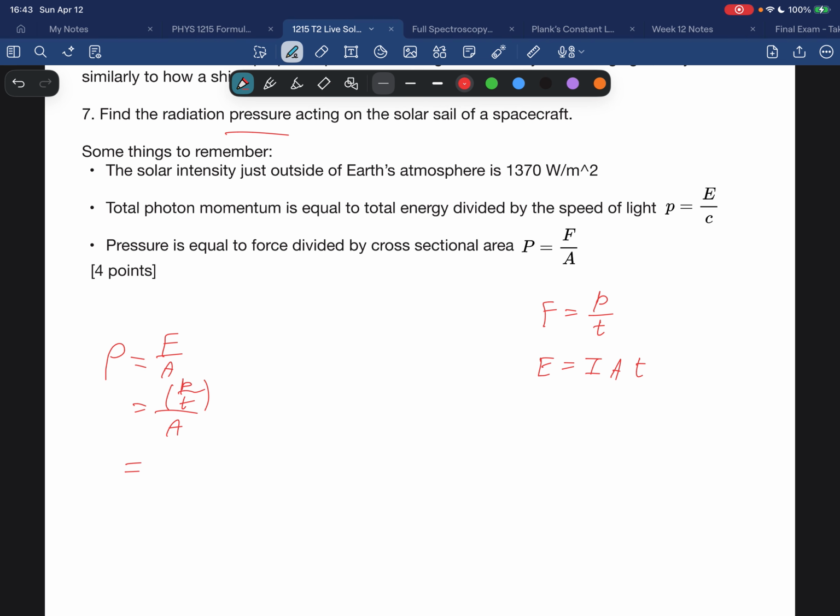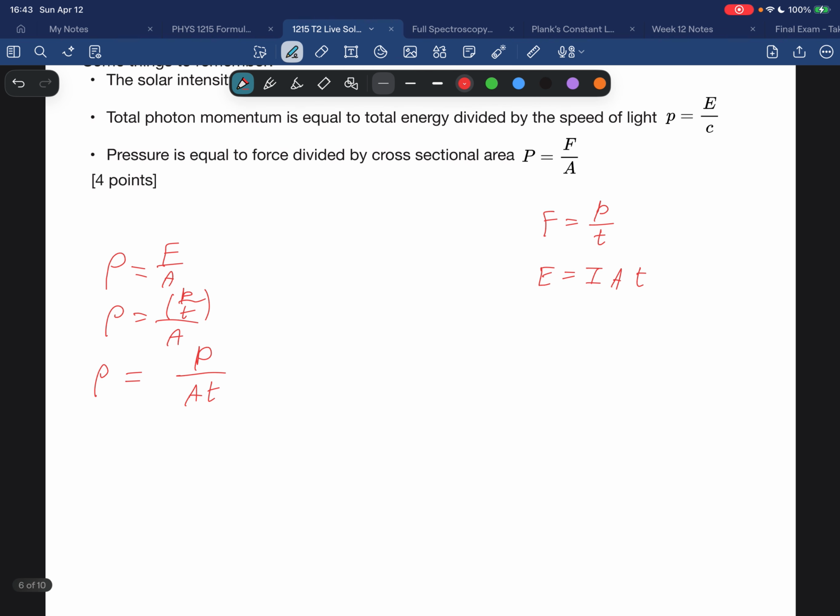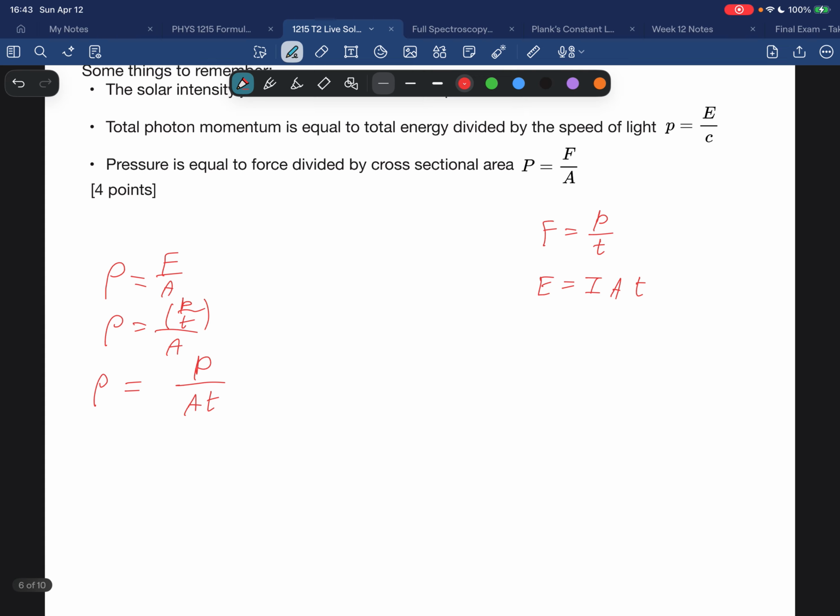So I can say that radiation pressure is equal to momentum over area, cross-sectional area times time. Great. Same thing. I don't know how long the time takes. I still don't know anything about the area. So I'll leave that there.